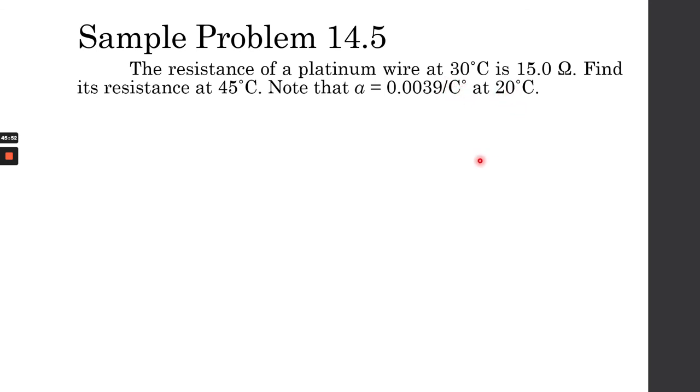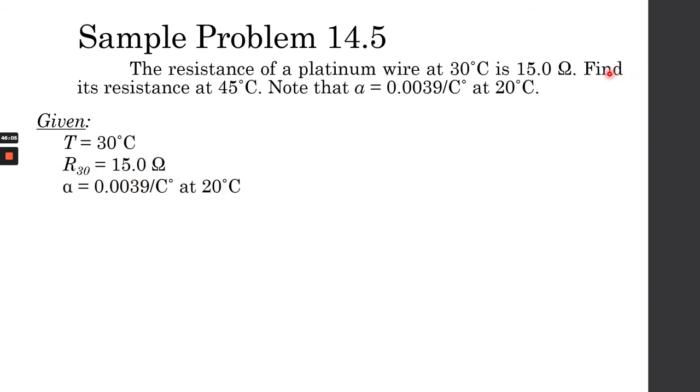So how are we going to solve this? First, let's write our givens. Our temperature is 30 degrees Celsius, and the resistance of the platinum wire at 30 degrees Celsius is 15 ohms. Its coefficient of resistance is 0.0039 per Celsius degree, but this time, this is at 20 degrees Celsius.